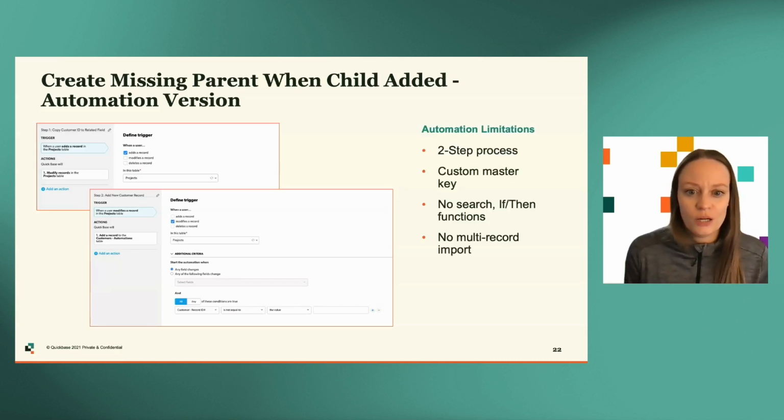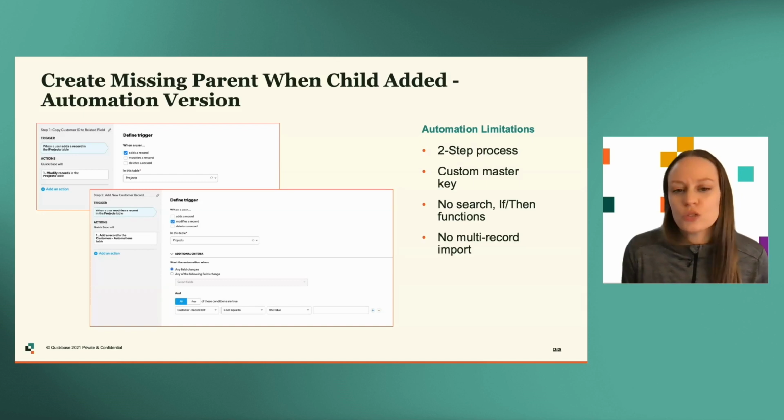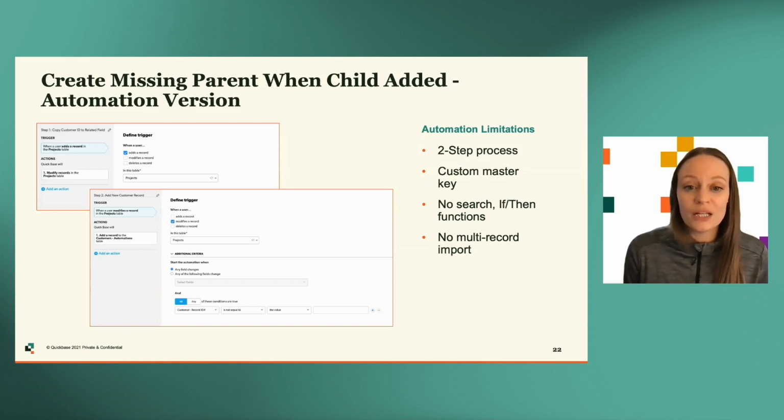First, as you just heard me say, there is a two-step process that we need to manage, and whoever comes after us as builders in this application also needs to know that they need to manage a two-step process. A second real hard limitation on adapting this to an application that already exists, where potentially the customers table has many different relationships at this point, is that you'll need to create a custom master key in order for this automation process to work.